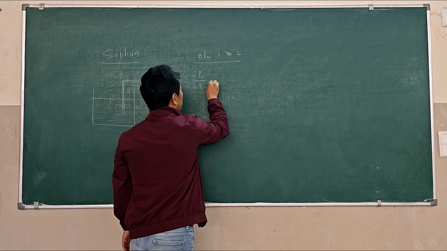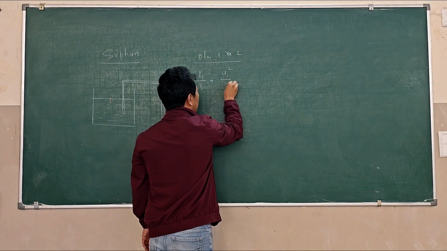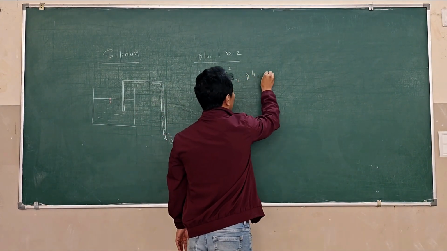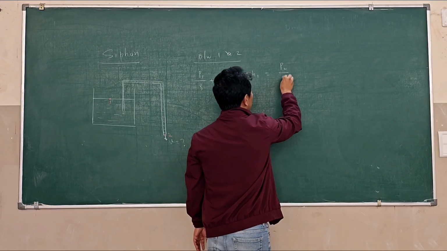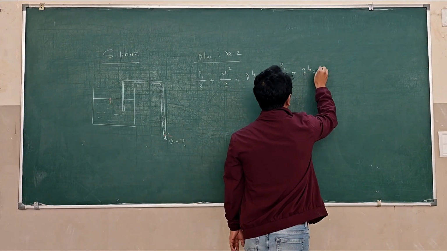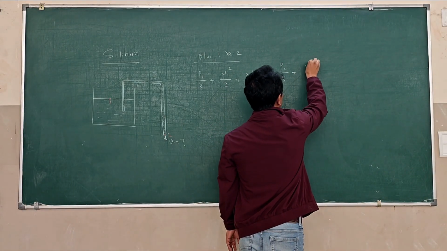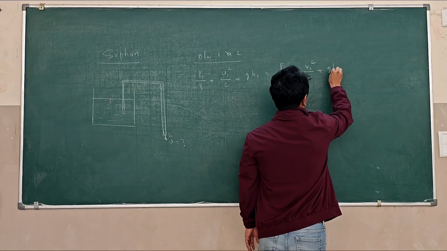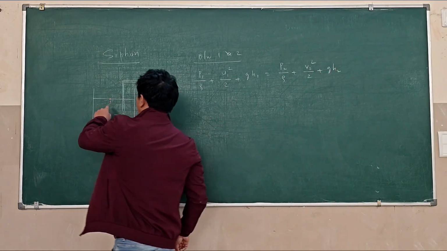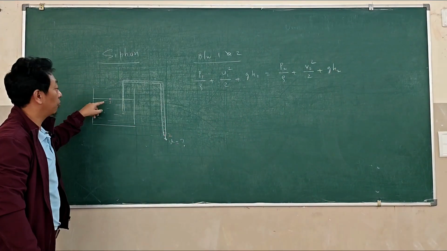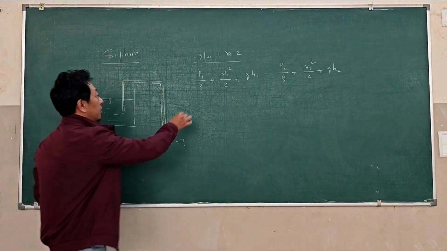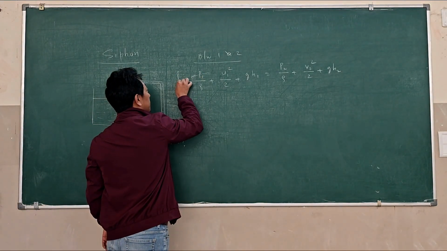P1 by rho plus V1 square by 2 plus GH1 equals P2 by rho plus V2 square by 2 plus GH2. One is open to the atmosphere. What pressure? Atmospheric. So this is atmospheric.